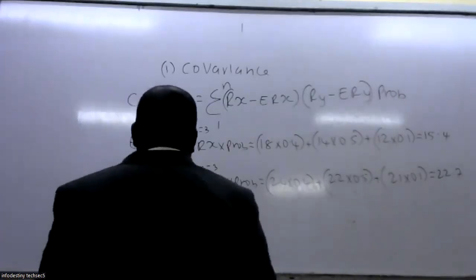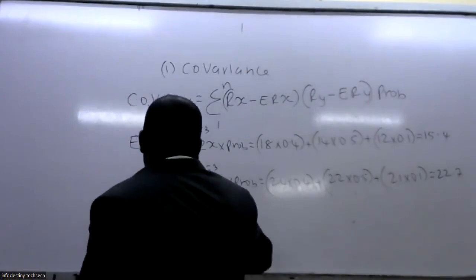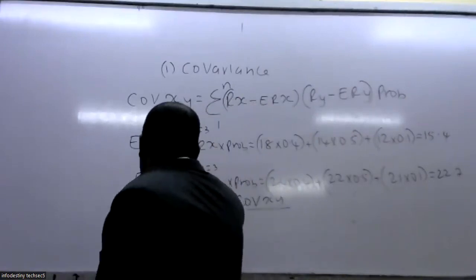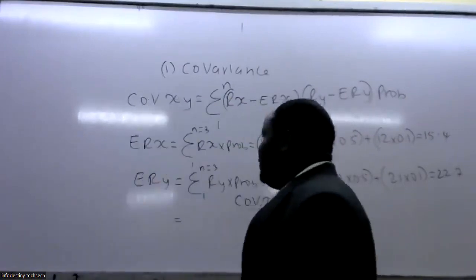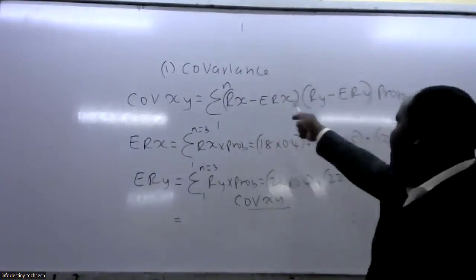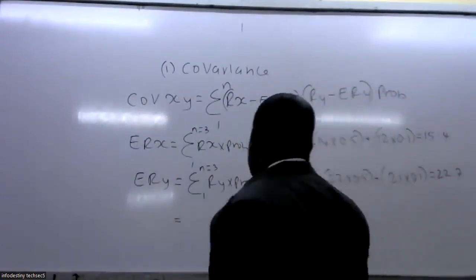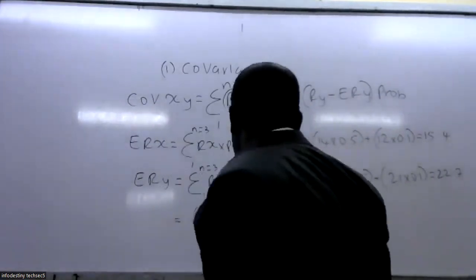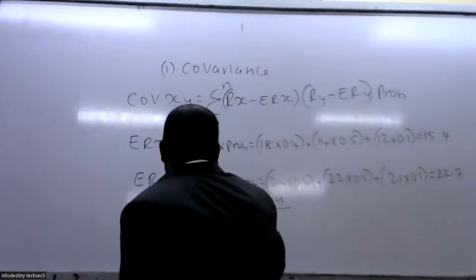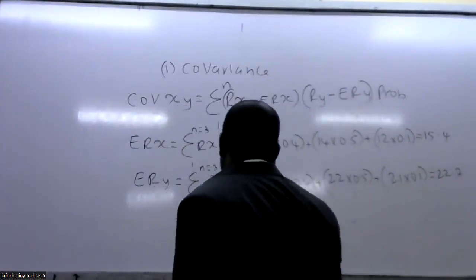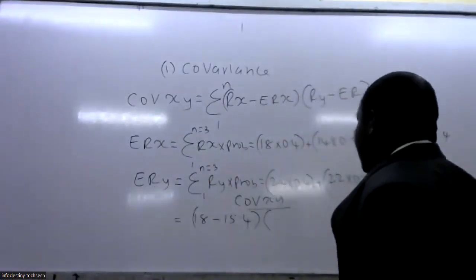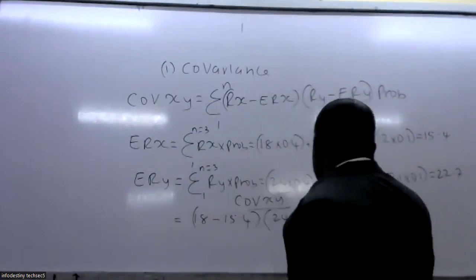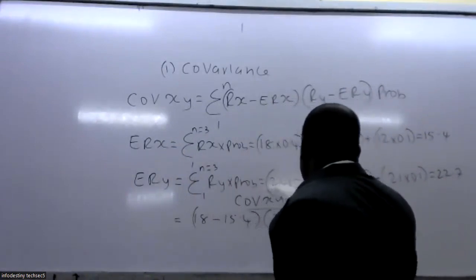So to get now the covariance between X and Y, there are three observations. We use that formula up there. So the first return for X is 18 minus expected return, which is 15.4. Then the first return for Y is 24 minus expected return, which is 22.7.